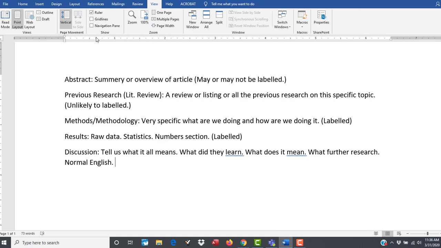Now, does that mean that I should not read the earlier sections? Absolutely not. What you need to do is read them and gather as much as you can from them. A technique that I find helpful is I read a paragraph and I will stop, and in the margin, I will take my little pen and add 1 or 2 words that summarize what they're talking about.